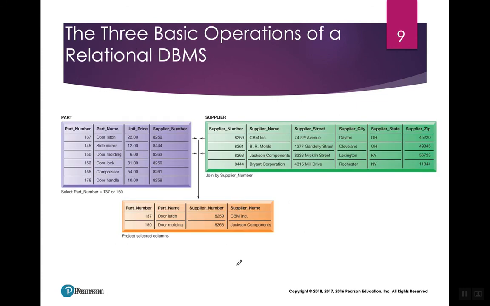As we see, there are three basic operations on a table. I can do a select, for example select part number 137 or 150, one or the other. Then I can join that across the supplier numbers, and I'll create a result.